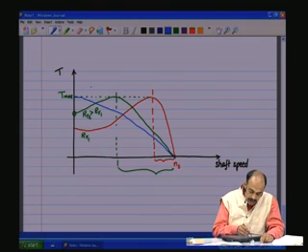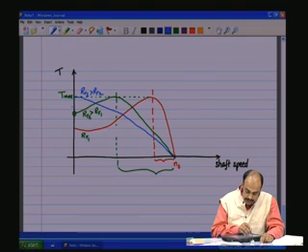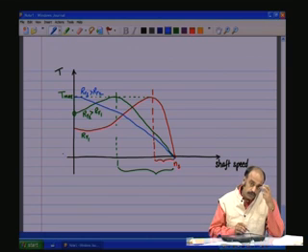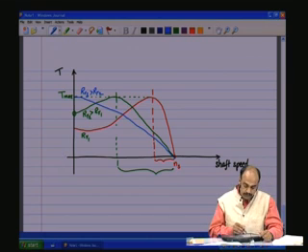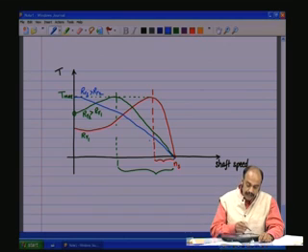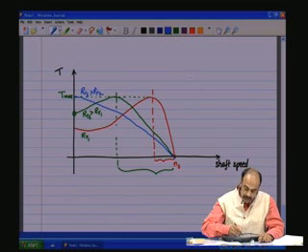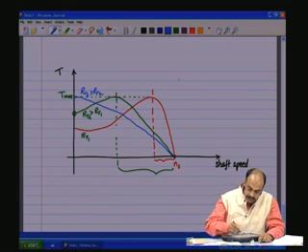So this would be R3 greater than R2. On further increasing, you will see that the starting torque still goes lower. Now from there it starts going lower. So the torque characteristic can be modified, and the starting torque characteristic can also be modified.